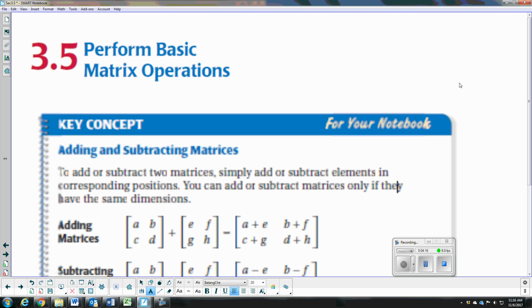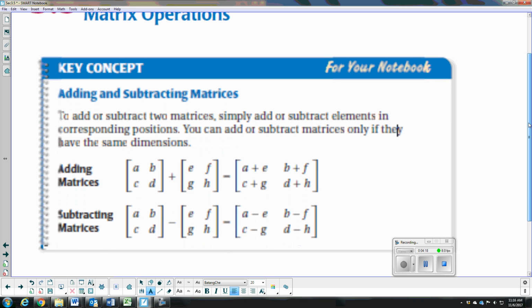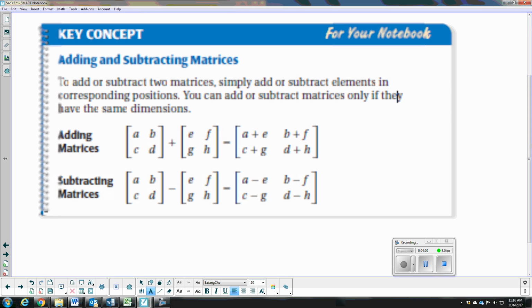Now, if you look at your note sheet, you see this adding and subtracting matrices key concept. When we're adding and subtracting matrices, we have to have the same dimensions. So you can only add or subtract matrices if they have the same dimensions.